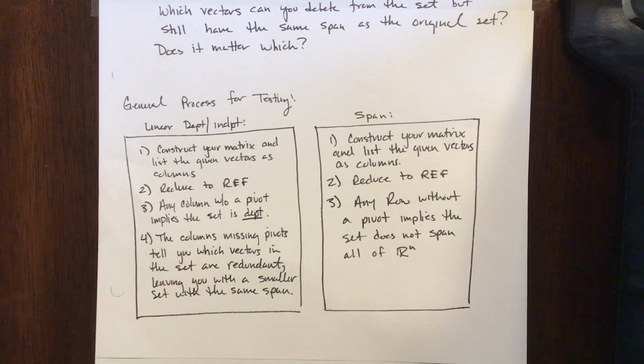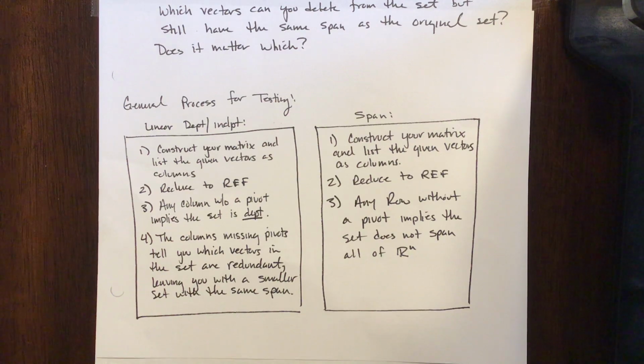whether or not a certain vector or set of vectors spans a certain space, what you want to do is construct your matrix and list the given vectors as columns. Same as step one for independence and dependence. Row reduce, same as step two. Now look for any row without a pivot.